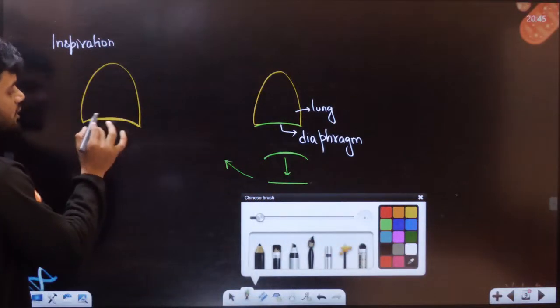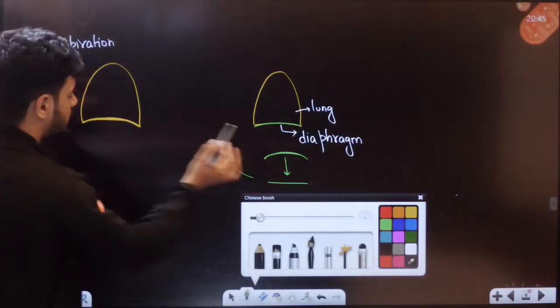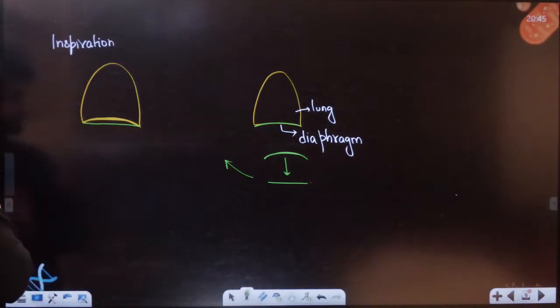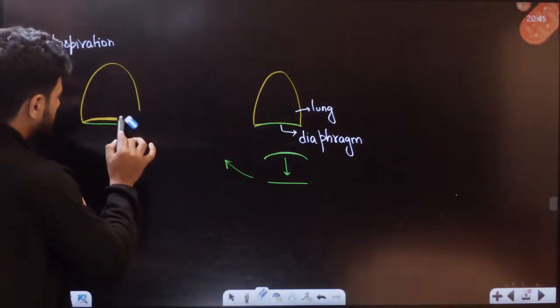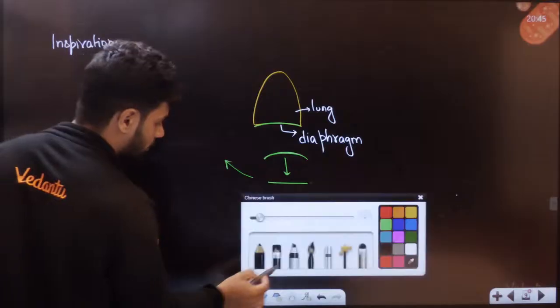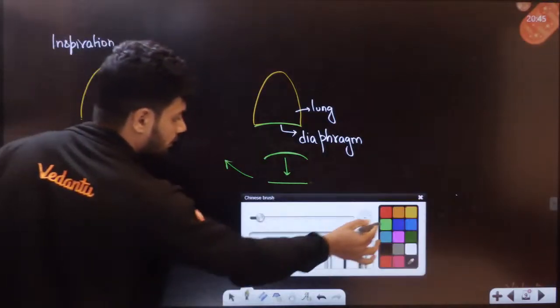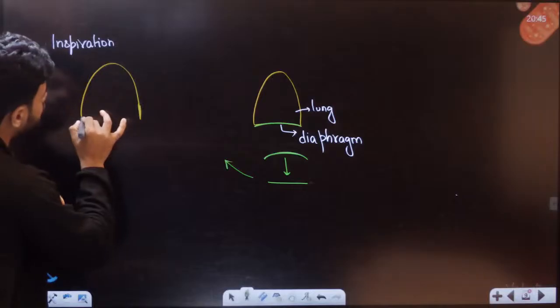Diaphragm was attached to it before. It was curved. Now this diaphragm will become straight. Can I just draw it one more time? See here, this was the lung before. The diaphragm became straight like this.